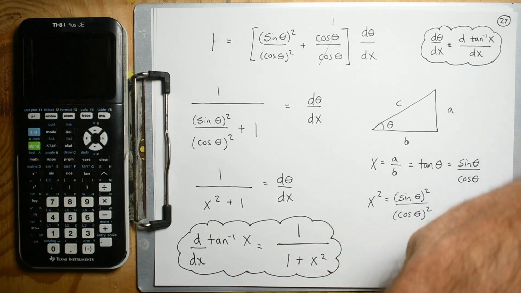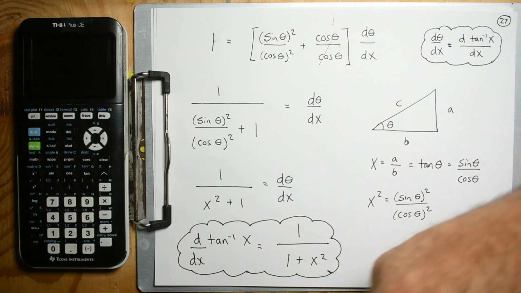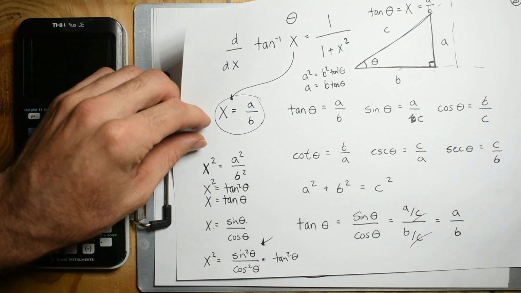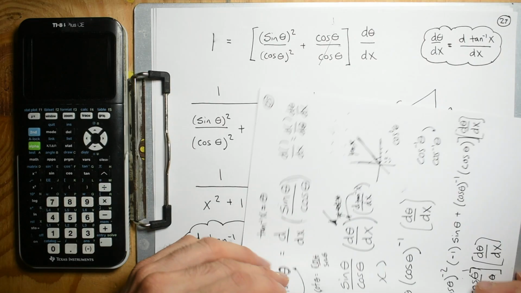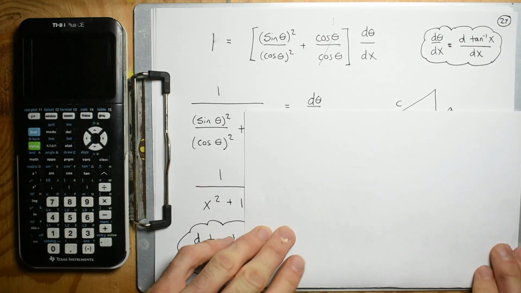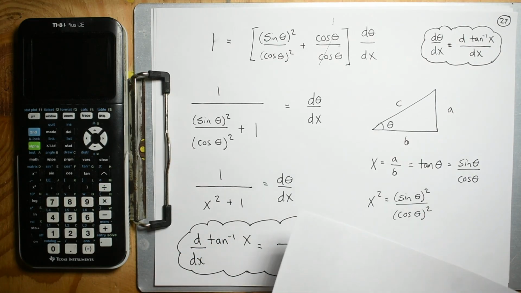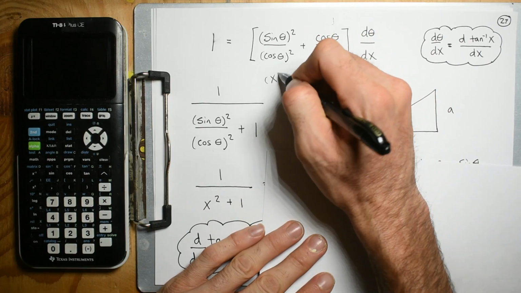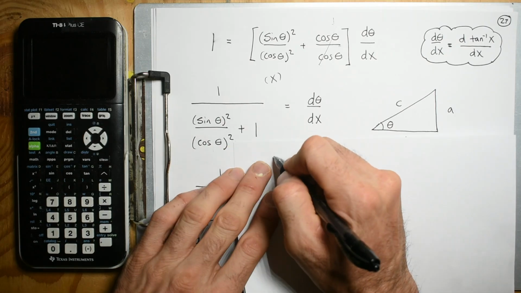And I think this is where playing around with the different ways to write this is really important. Because even right now, couldn't we do something? Couldn't we be like, well, shoot, this is my answer, but maybe I want my answer in terms of x. That would make sense. Well, what is sine?